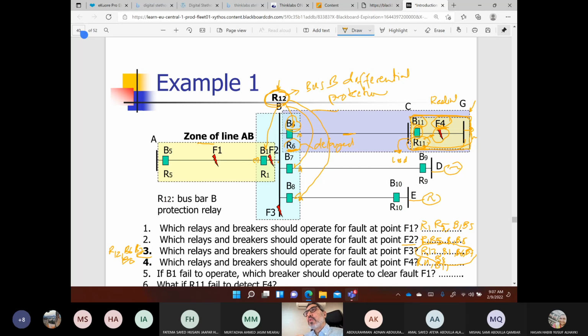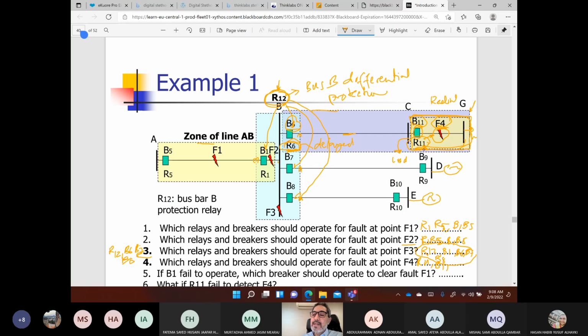But it will not act immediately. It will wait for 11 to act first. And if 11 fails to take action, then R6 will trip its breaker. So this is intentionally time delayed to provide a chance for R11 to act first.